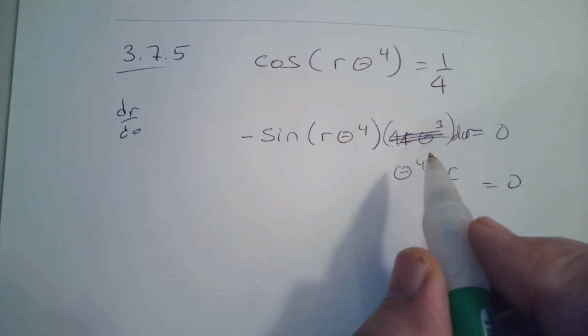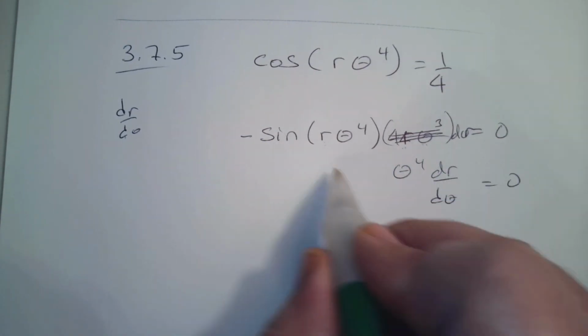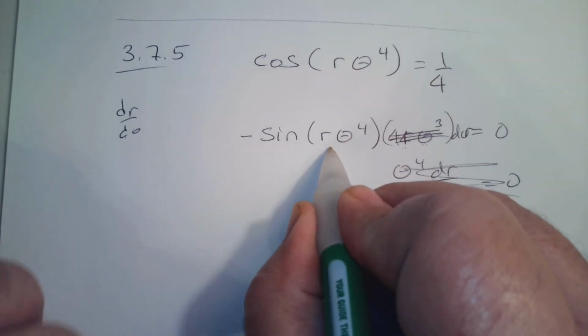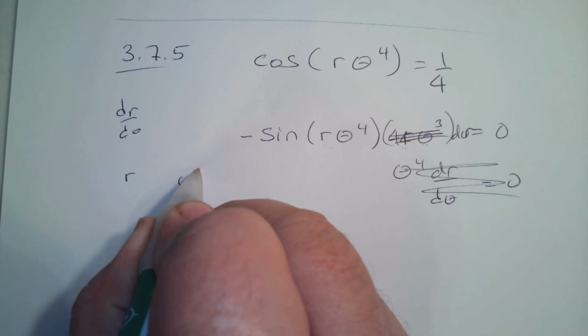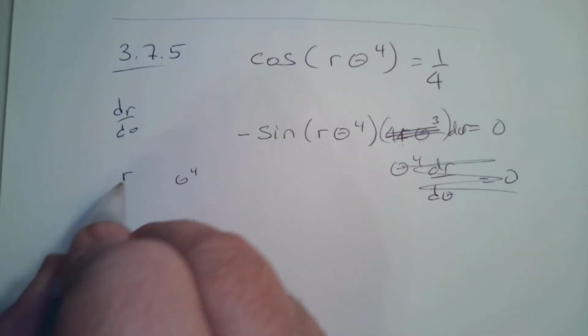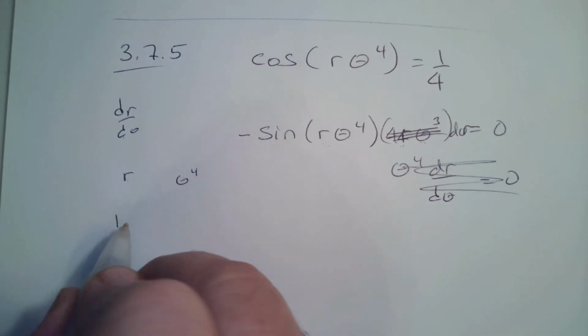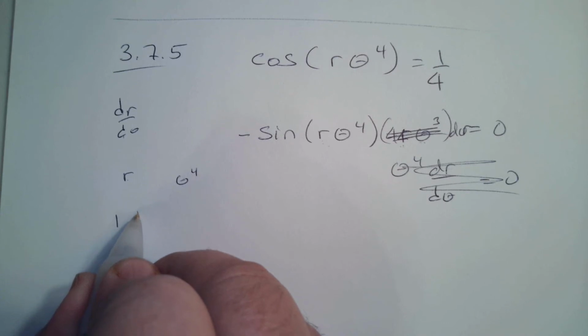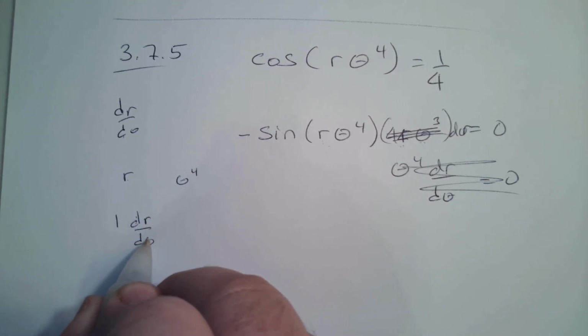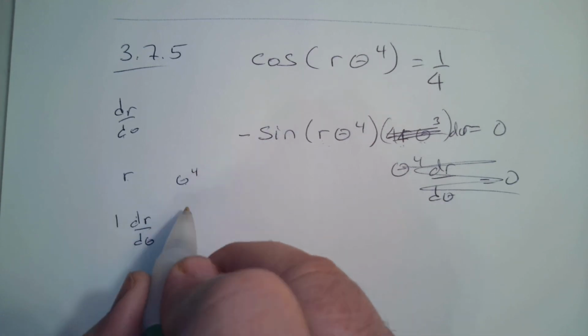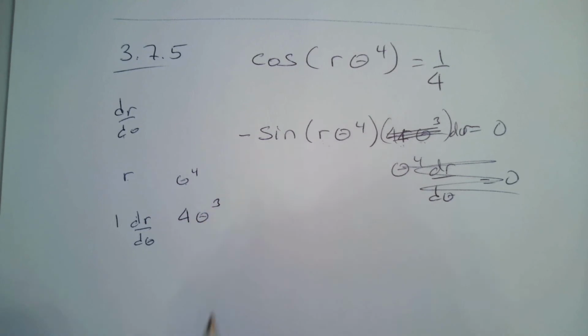It's a product. Oops. So derivative of this is r and theta to the 4th. So derivative of r is 1 dr d theta, and derivative of theta to the 4th is 4 theta cubed.